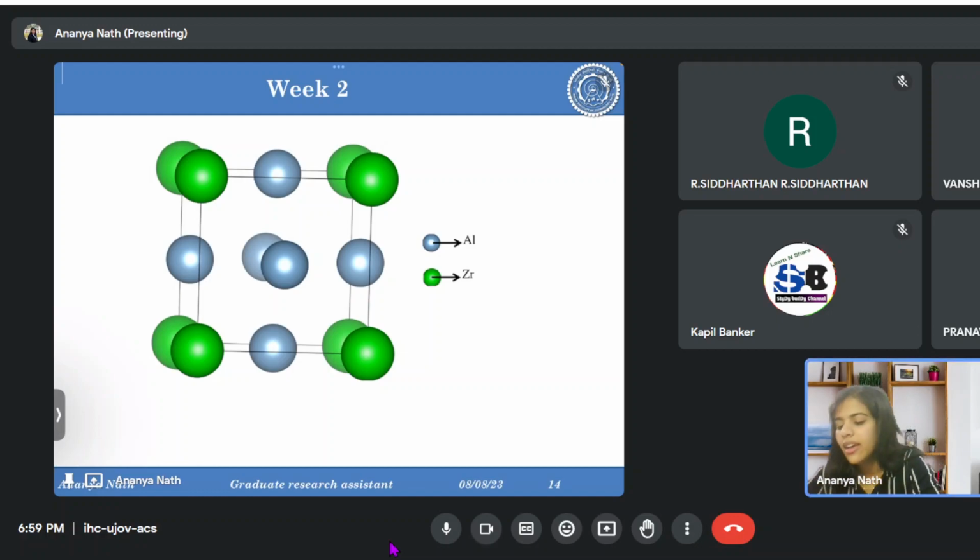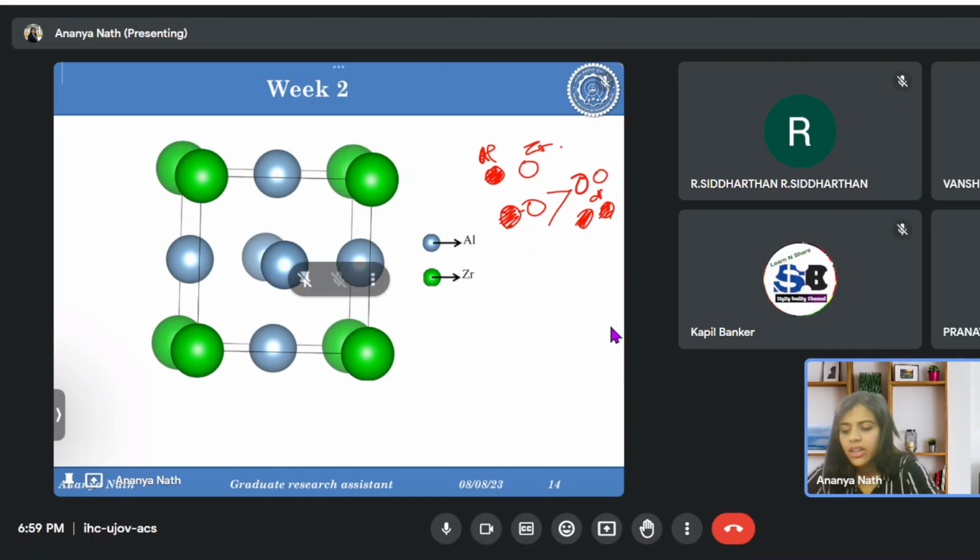So if this filled-up one is Al and this empty hole is zirconium, and there is bonding between them, if the number of bonds or preferred bonding is greater between unlike atoms, that is short range ordering.